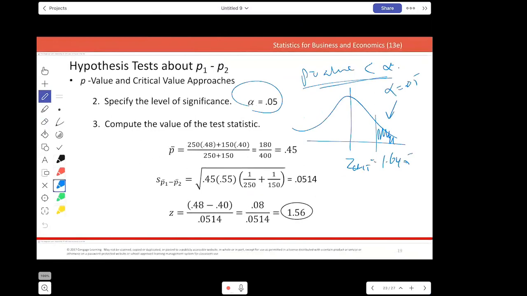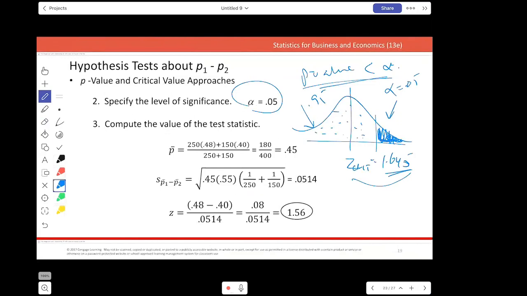If you don't believe me, you could just go to the table and find 0.05 in the tail, or if you're looking at the dotted region, that would be 0.95, and you get Z between 1.64 and 1.65. You go in the middle, you get 1.645. All right, so that would be our critical value. So if our Z statistic, or our test statistic, is greater than 1.645, we will have evidence to support us.